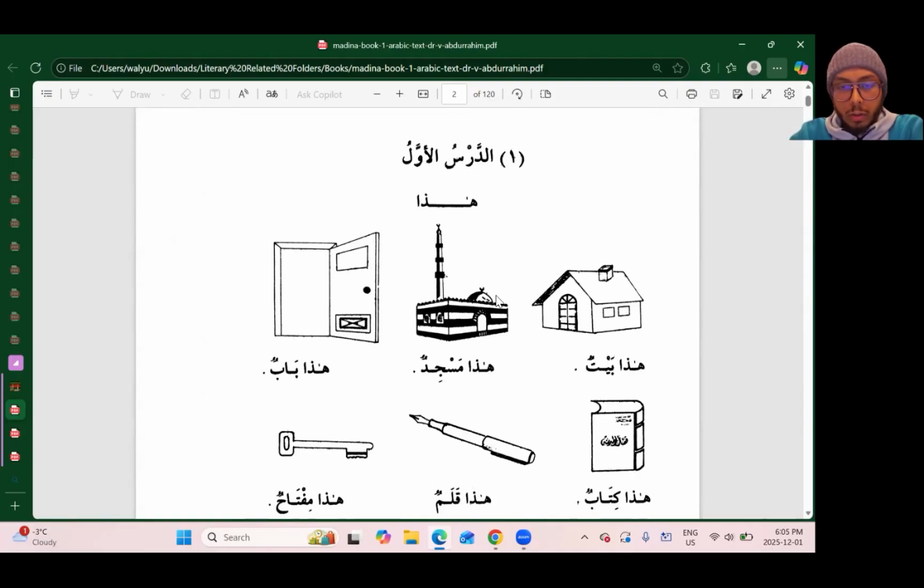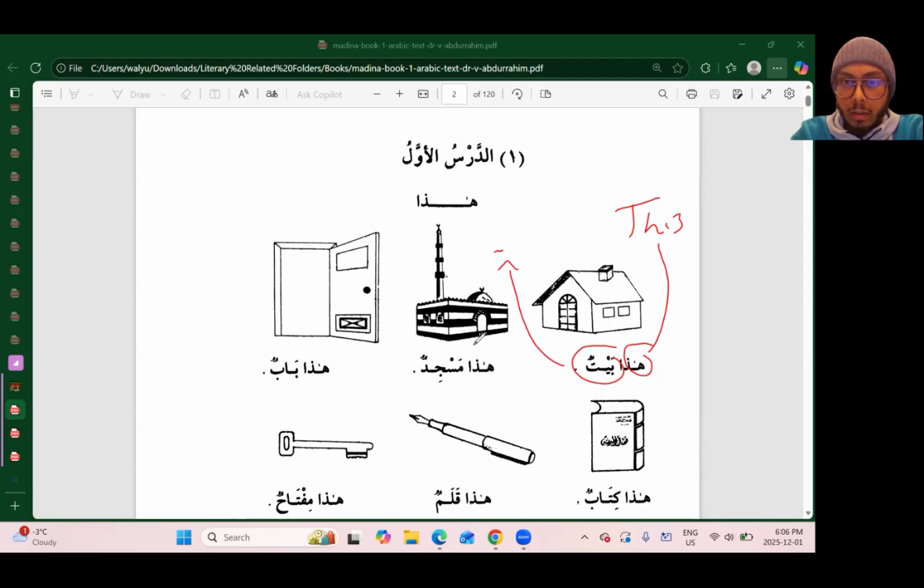All right, so let's break things down a bit more. هذا بيت. Let me start annotating. That translates to this. Baytun translates to a house, right? So this, a house.